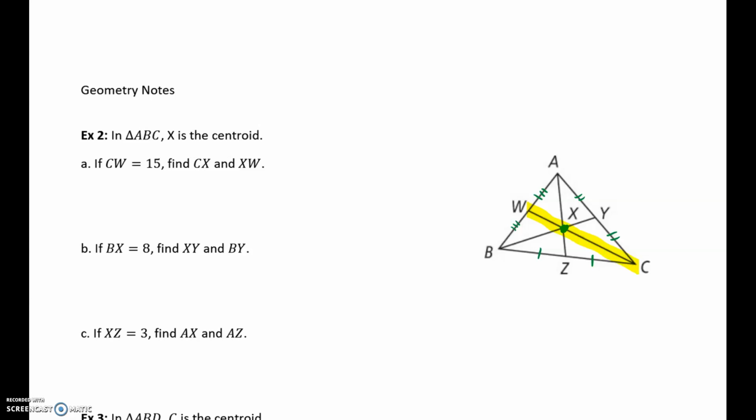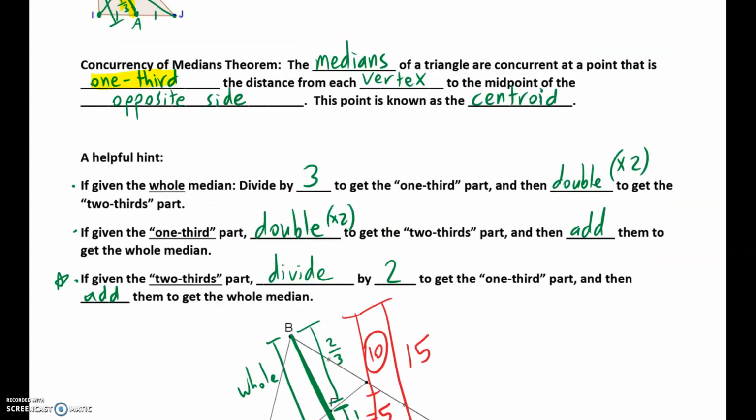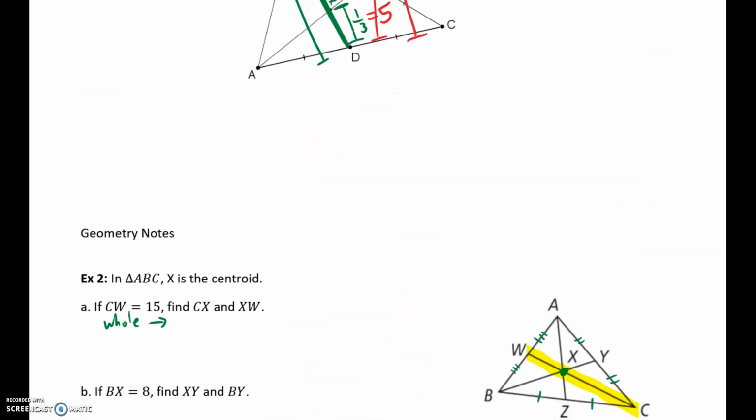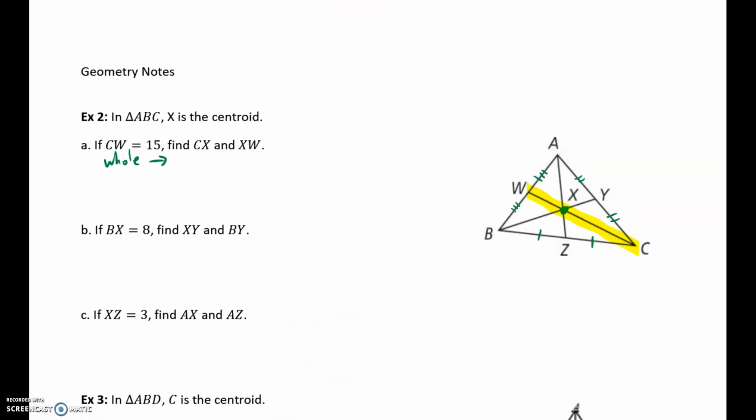So CW is 15. Is that the whole thing, the 1/3, or the 2/3? You should be able to tell me. That's the whole thing. So what does the rule say to do? It says divide by 3. If I go back up here, if given the whole median, I divide by 3 to get the 1/3 part. 15 divided by 3 is 5. And then I look and I see, okay, which one is the 1/3 part? Which one is shorter?